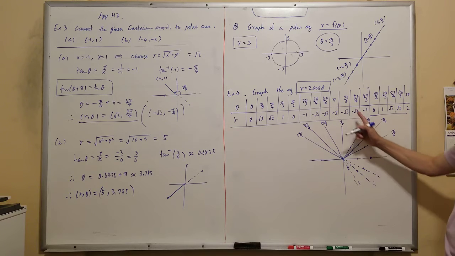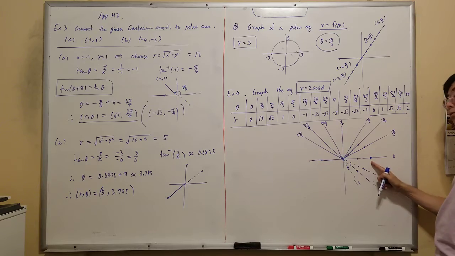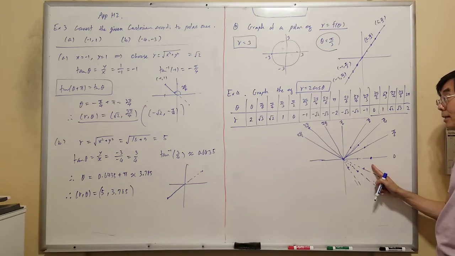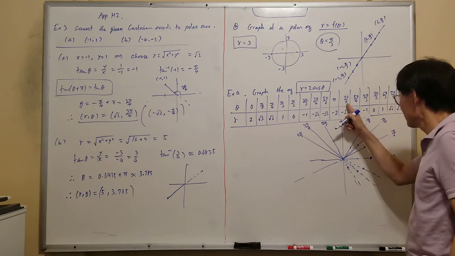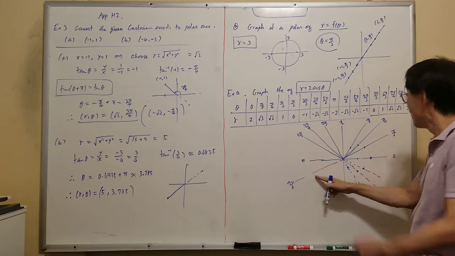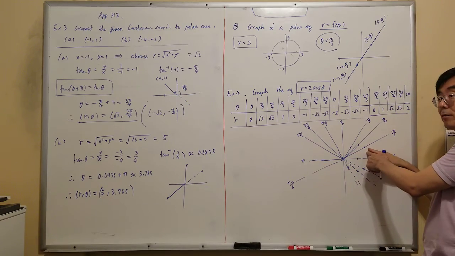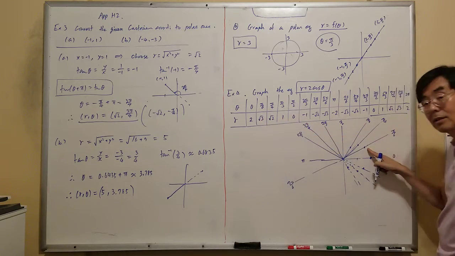All right. So at pi, you're supposed to be here, but -2 will make it 2 on the other side, right? And then in that direction, 7 pi over 6, opposite direction, square root of 3. So same as this one.